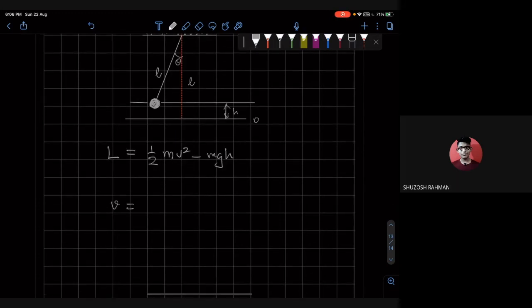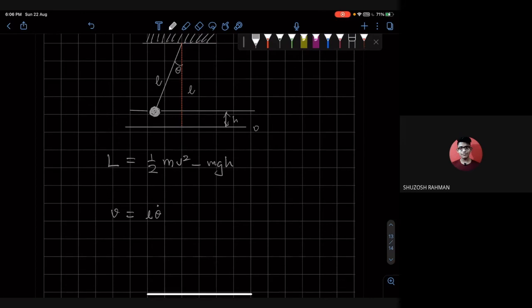v is going to be L times theta dot, right? Because the arc length is L theta, so the rate of change of the arc length is the speed, the tangential speed.